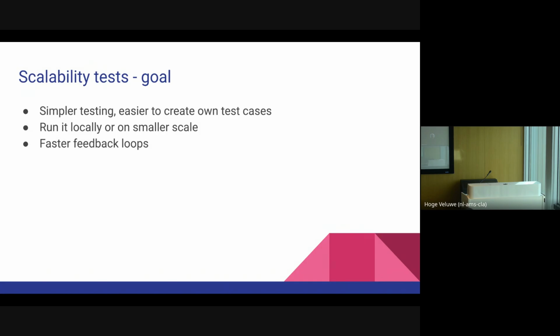This is one of my ideas, but maybe there are others. How can we make those tests more maintainable and feedback loops faster? Because scalability problems often are not that hard to fix. It's just a matter of finding them, debugging them, figuring out what's causing the bottlenecks, and then verifying the fix.